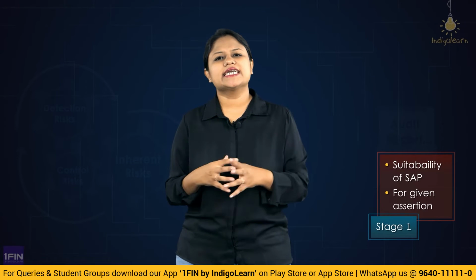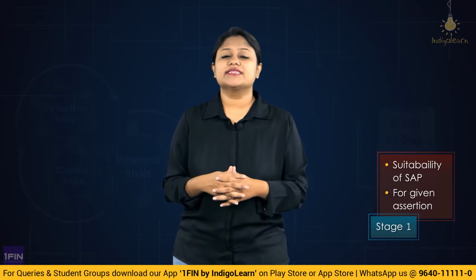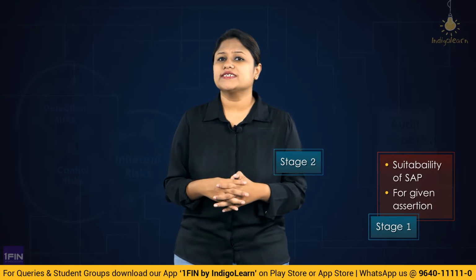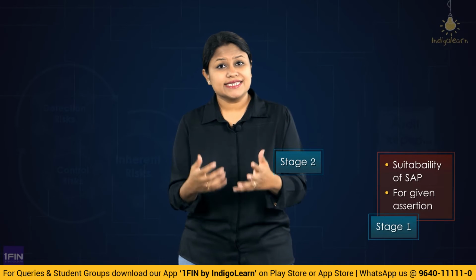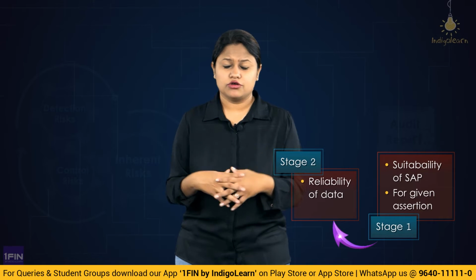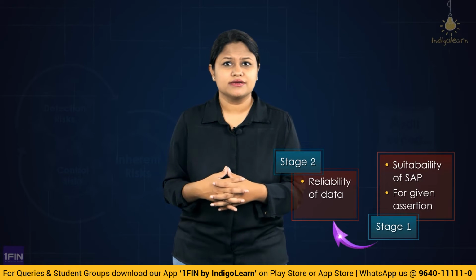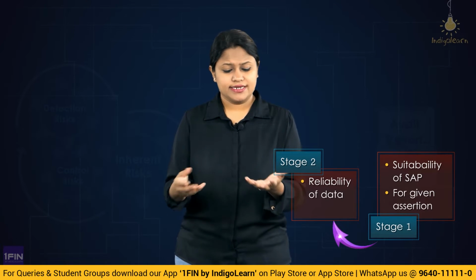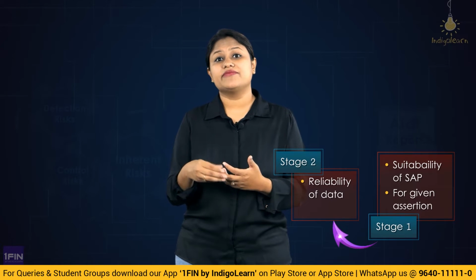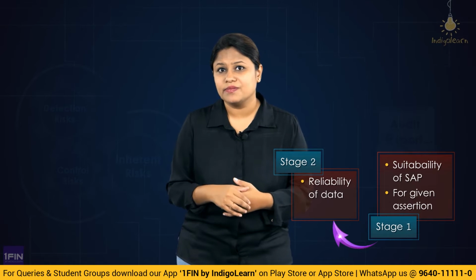Second, after understanding that, we will see whether the data that we require for comparison or for establishing the relationship is reliable or not. To evaluate the reliability, obviously we are going to check the source of it, where it is coming from. Then we will understand whether it is comparable, and whether comparable data is available.